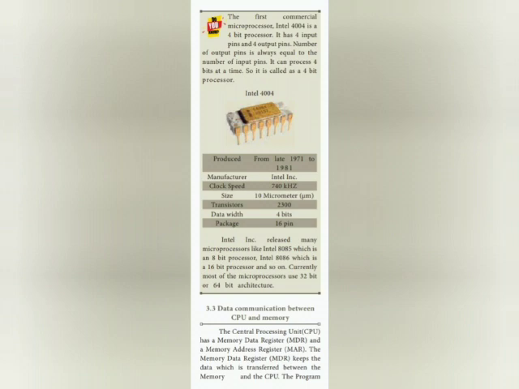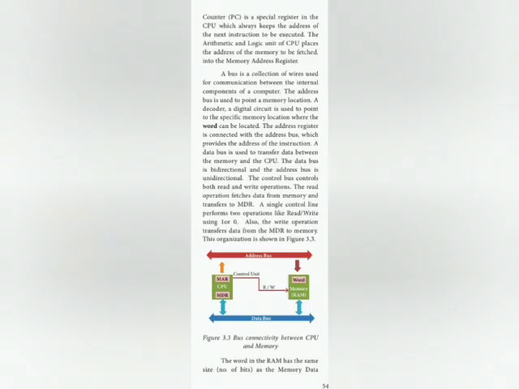Data communication between CPU and memory. The CPU has the memory data register and memory address register. The memory data register keeps the data which is transferred between the memory and CPU. The program counter is a special register in the CPU which always keeps the address of the next instruction to be executed.